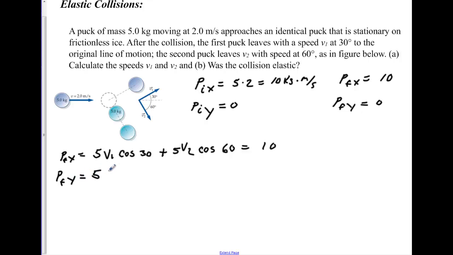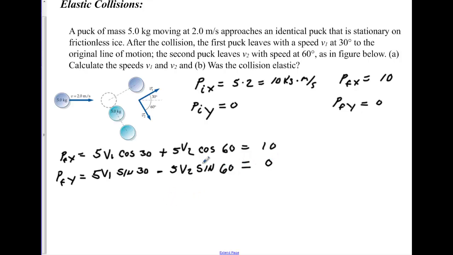We'll have 5 times V1 times the sine of 30 degrees plus 5 times V2 times the sine of 60, and we want to make that one negative. You've got to be careful, because you have to make the direction of the momentum match what's taking place here. And we're going to set that equal to 0.